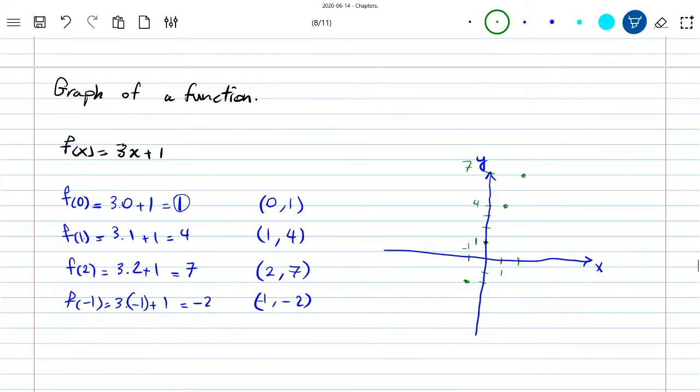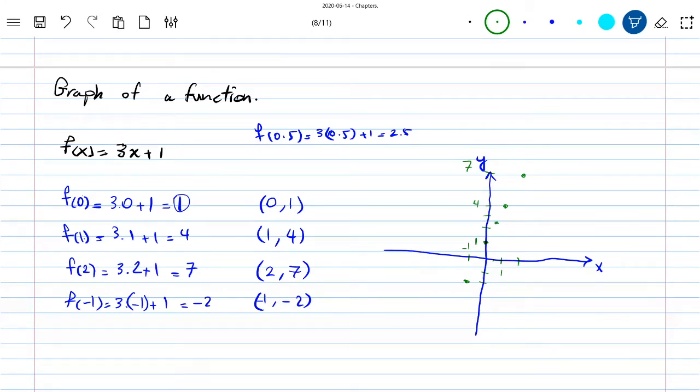And if you pick more points, for example, if I ask you to calculate f of 0.5, you'll get 3 times 0.5 plus 1. 3 times 0.5 is 1.5, plus 1, you'll get 2.5. So we'll have another point here: this is 0.5, and I get 2.5.